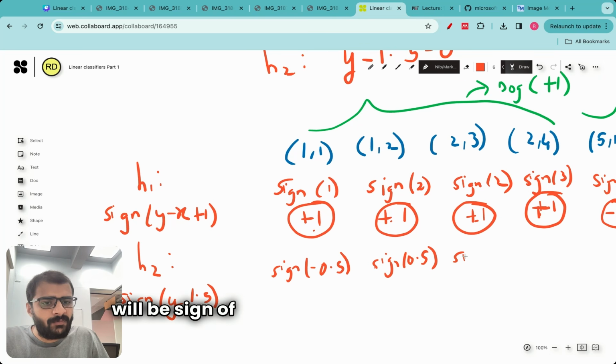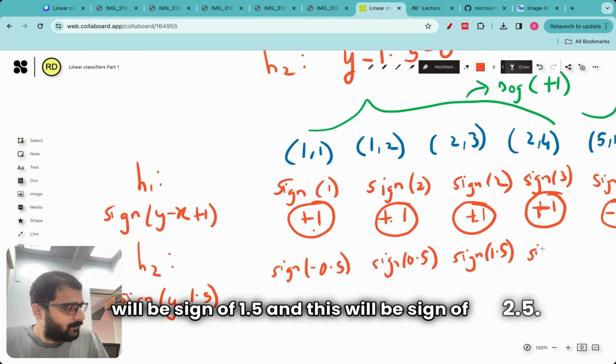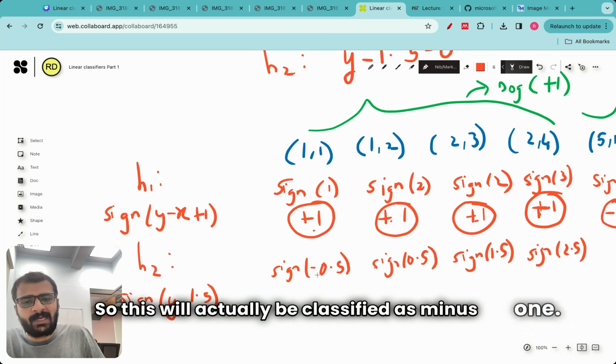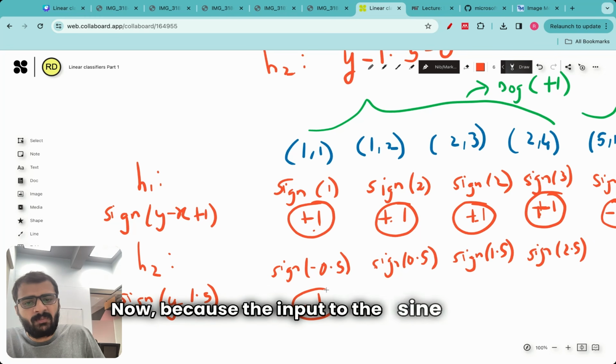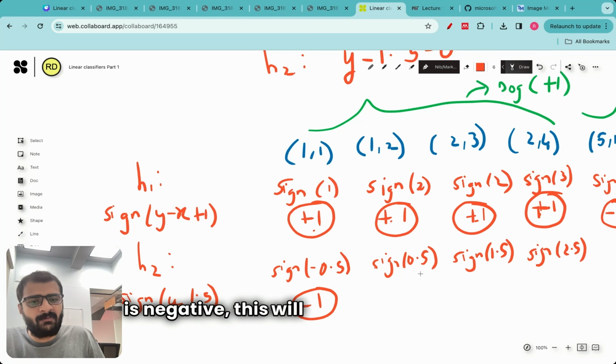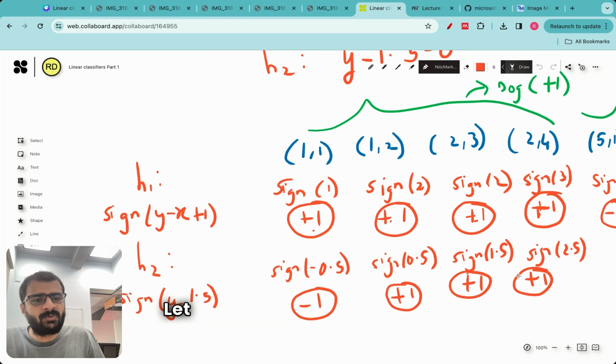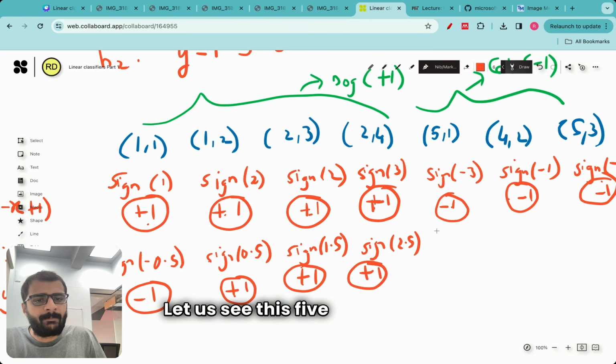This will be sine of 1.5, and this will be sine of 2.5. So this will actually be classified as minus 1 now, because the input to the sine function is negative. This will be classified as plus 1, this will be classified as plus 1, and this will be classified as plus 1.